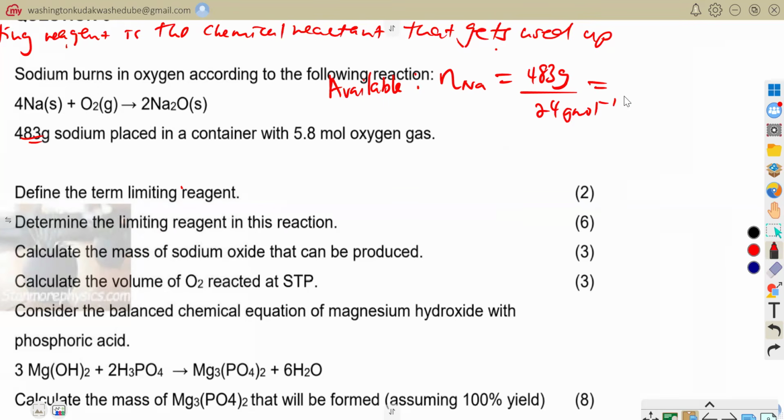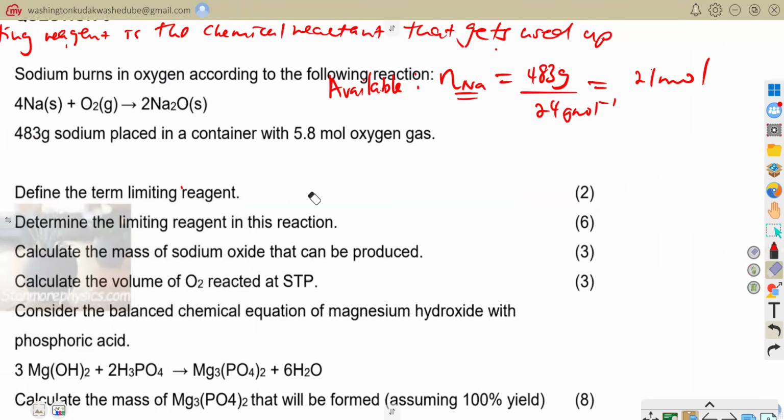Now the number of moles of sodium is 483 divided by 23, which is 21 moles. So we have got 21 moles of sodium available if we are using that given mass.